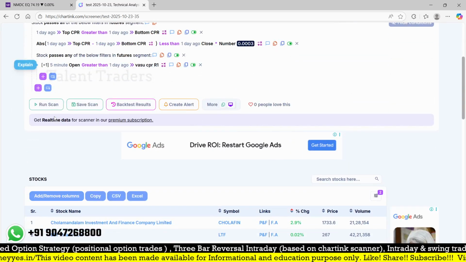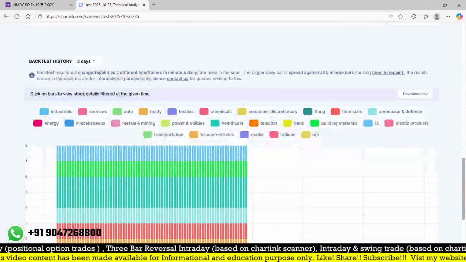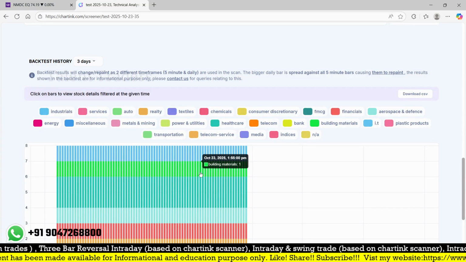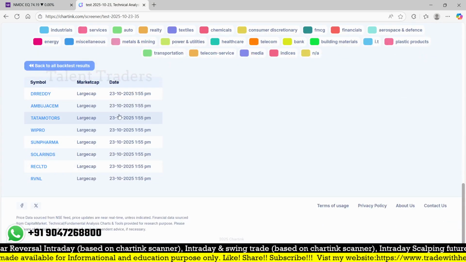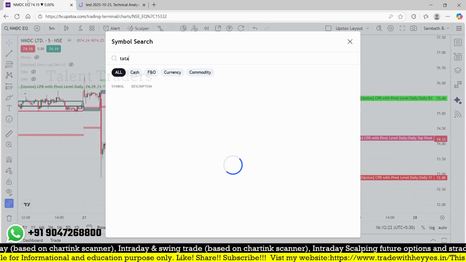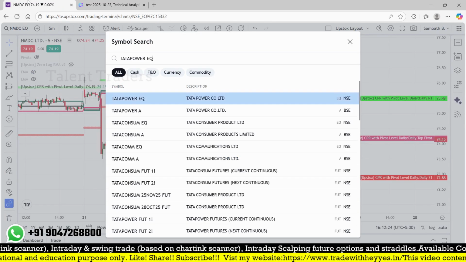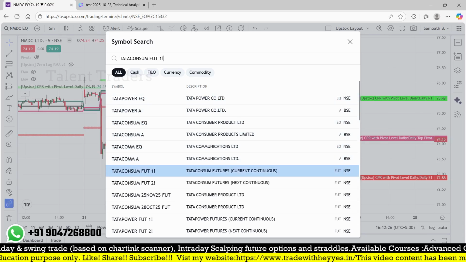If I add the resistance one, we didn't find any stocks in the recent days, but on 23rd October we have a lot of stocks. Let me check Tata Motors on 23rd.